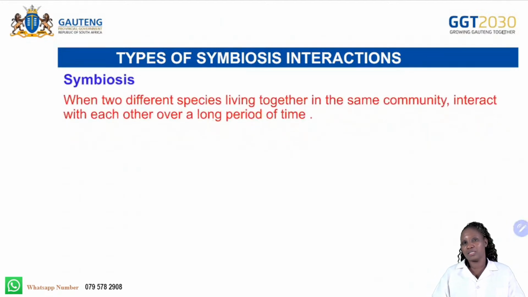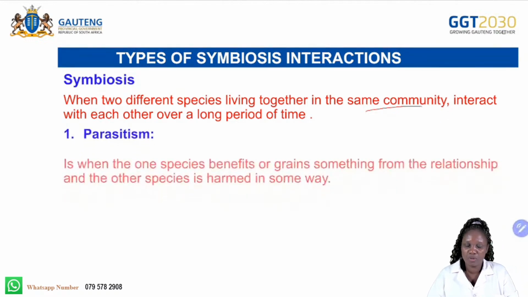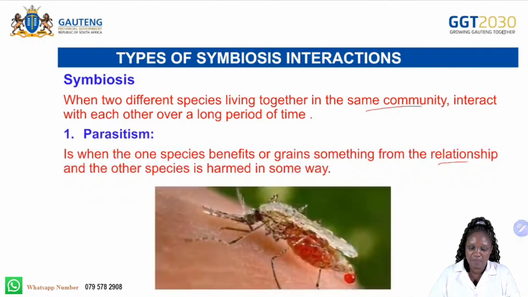And then symbiosis, it is when two different species living together in the same community interact with each other over a long period of time. Let's look at parasitism. It is when one species benefits or gains something from the relationship and the other species is harmed in some way. Okay, this is parasitism.